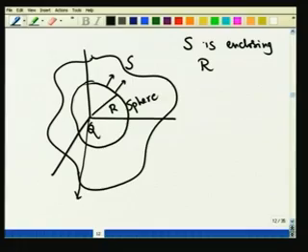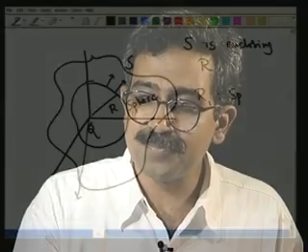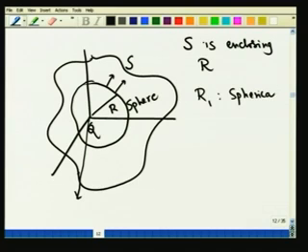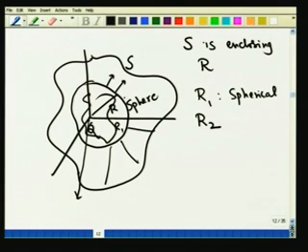One is the interior region, which I shall call R1, which is spherical. So R1 is spherical, R2 is the intermediate region. Therefore, what I have written here is R1, and this annulus-like thing is R2.